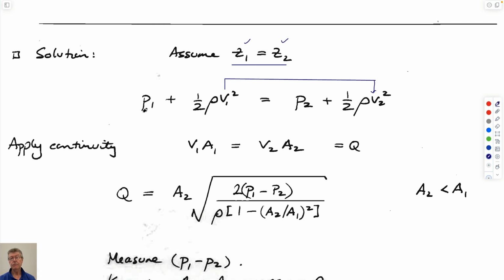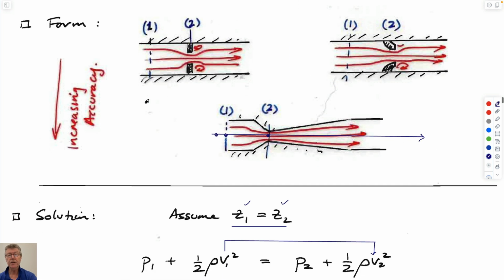And then if we realize that we want to measure the difference between P1 and P2, not the absolute magnitudes of those, but the differences, by having a pressure gauge in here that measures on the diaphragm. Remember, it was just a little flexible diaphragm.